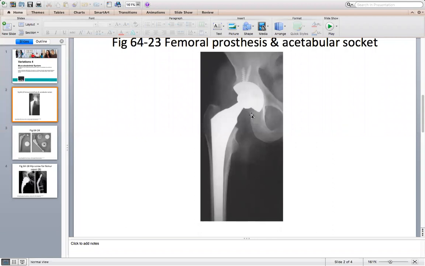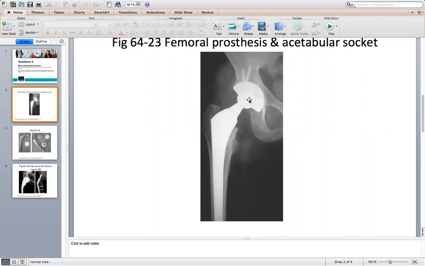So the question at hand is, what is a total and what is a partial hip arthroplasty, hip replacement? If you only have to replace the ball portion of the hip joint, that is called a partial hip replacement. If you have to replace the ball and the socket, the acetabulum, then that's called a total hip replacement.